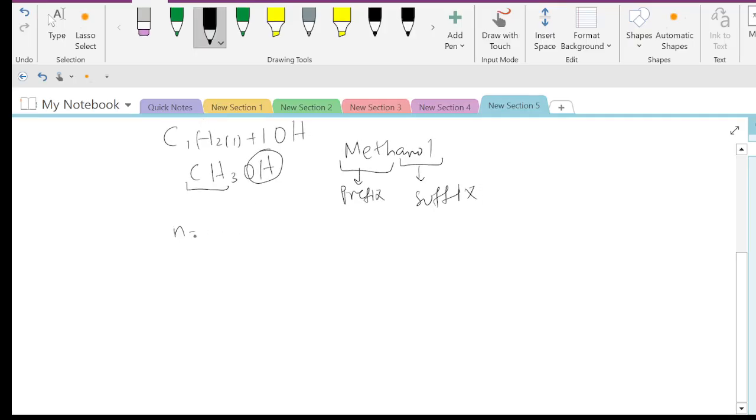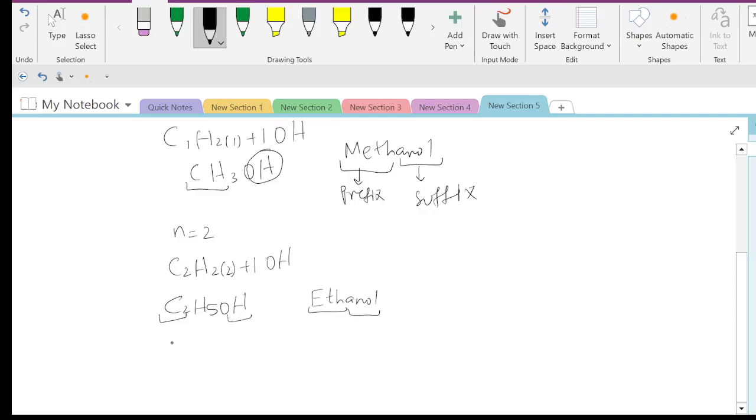Similarly, if I talk about n is equal to 2, C2H(2×2+1)OH. So that will be C2H5OH. That is actually the ethanol. So eth means two carbons are present. Here you can see C2, and because it is ending with the hydroxyl, that's why enol. So eth is here the prefix and enol is actually the suffix, right?